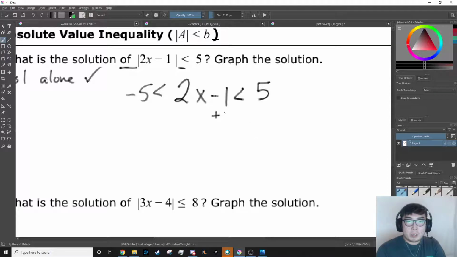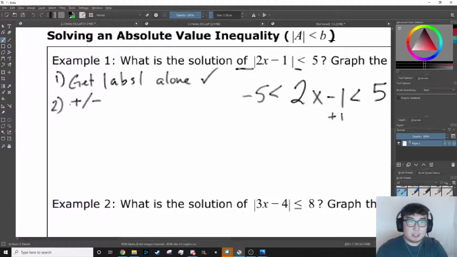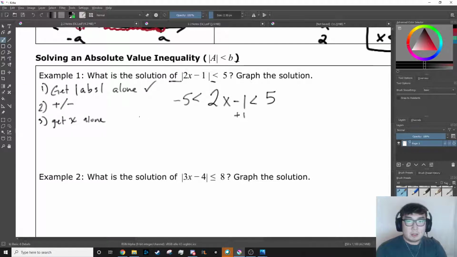Okay, so if I add 1 here to get rid of everything else, right? Because my third step is to get x alone. That means I have to add 1 here. But what about this one? I actually have to add 1 on this one too. So really, I'm doing the same operations.